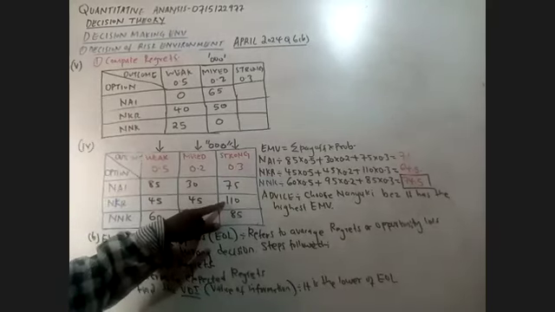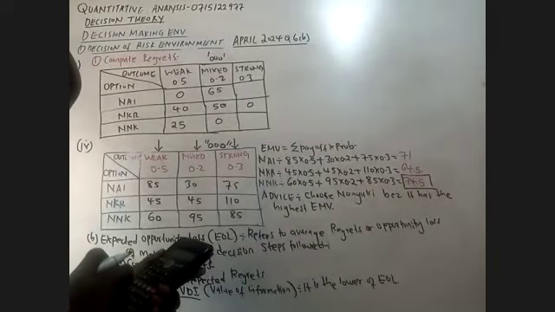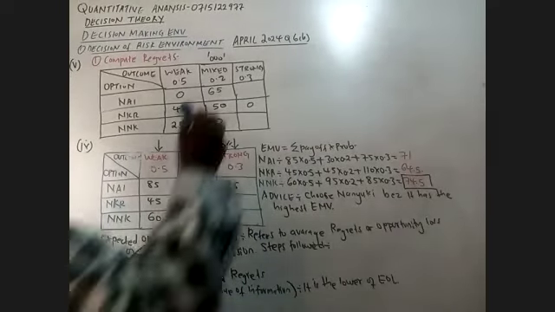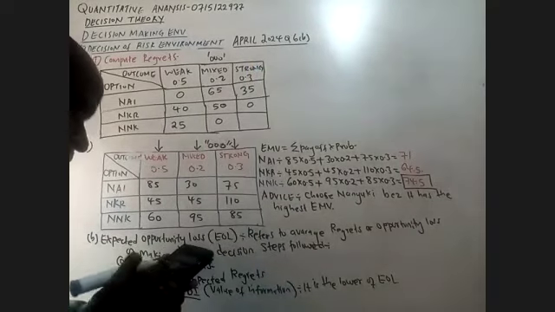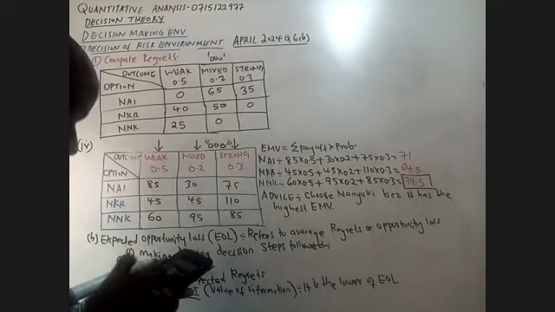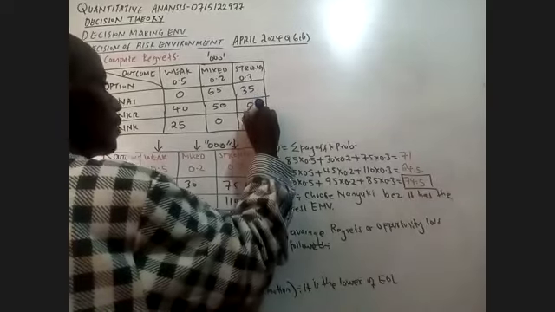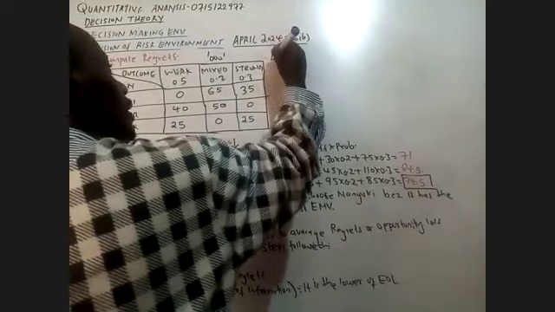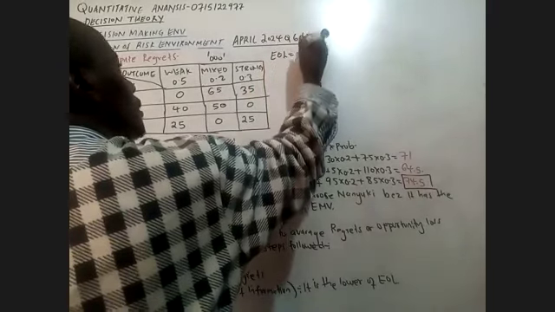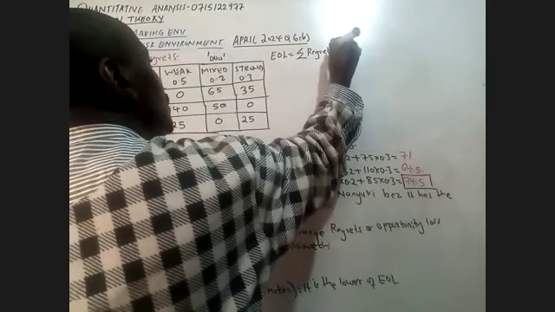So 110 minus 110 is 0. 110 minus 75 is 35. Then 110 minus 85 is 25.